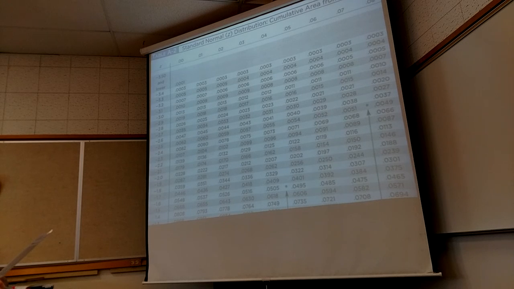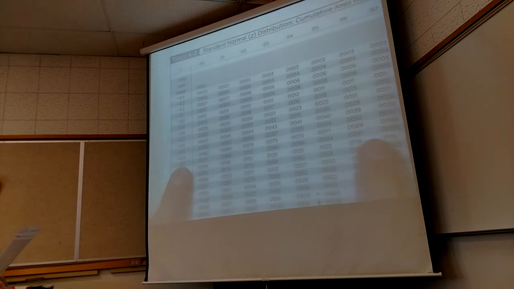All right. So let me see if you guys can just look at the chart correctly. Can you tell me the area below -2.37? Z-score of -2.37. Yes. So -2.3, -2.37, yeah, 0.0089, I love it.